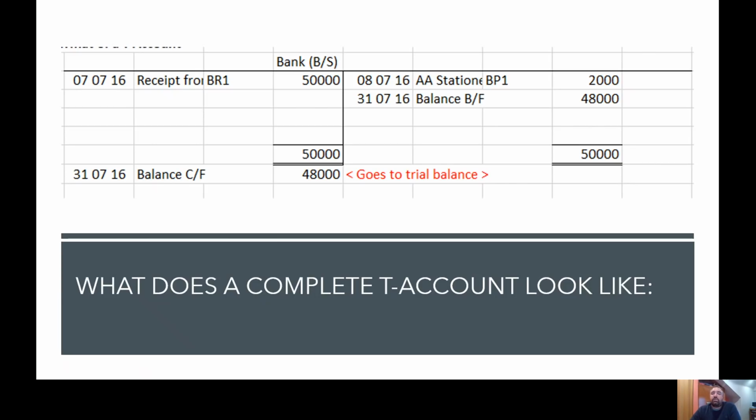Now, guys, the markers are very strict on this because many times you'll get the amount correct and the date, but then you don't actually know where to post the transaction, what the other leg of the transaction is. So we are looking for your other leg of the transaction as the description there.